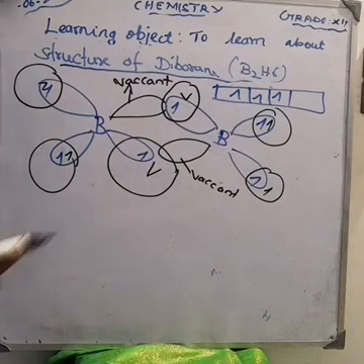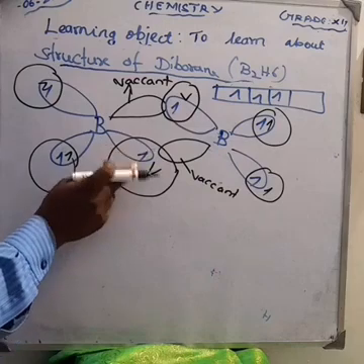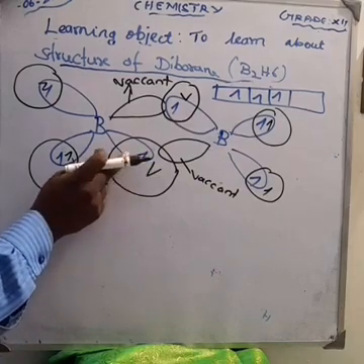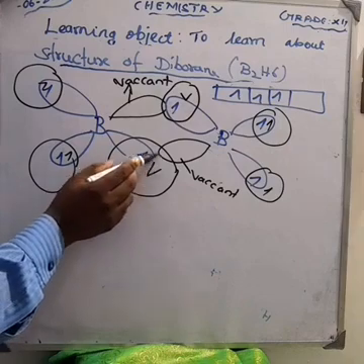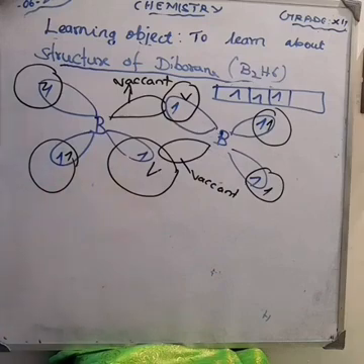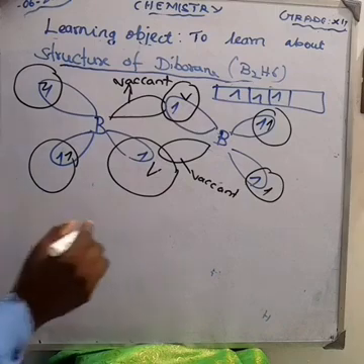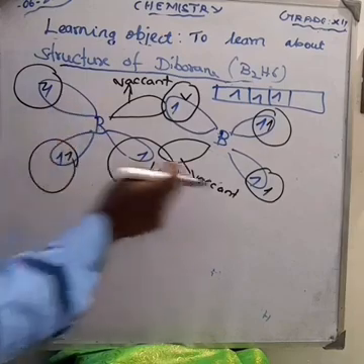It does not bond with the vacant orbital. Here boron already has one electron, and this side boron also has one electron. Hydrogen also has one electron, so they pair, making one bond. So which bonds do we get? We get boron-hydrogen bonds.